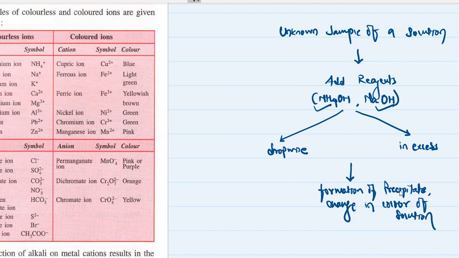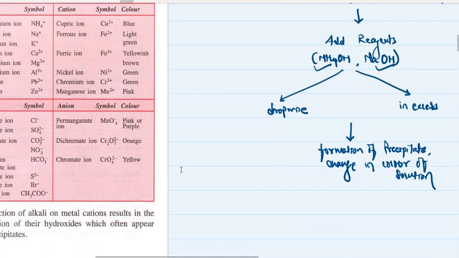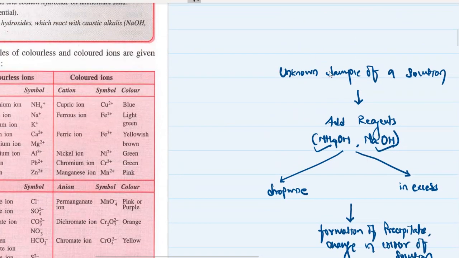There can be a formation of precipitate, there can be a change in color of solution, and due to these changes, noting these changes, you can find out what are the constituents of these unknown sample of a solution, right?